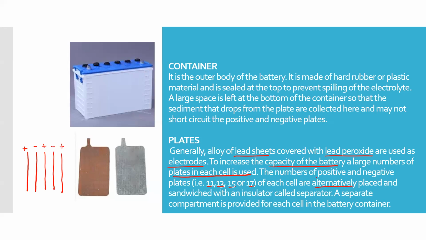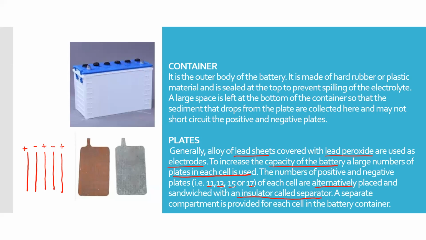So such groups are formed. The number of positive and negative plates of each cell are alternately placed, and they are separated by an insulator called a separator.